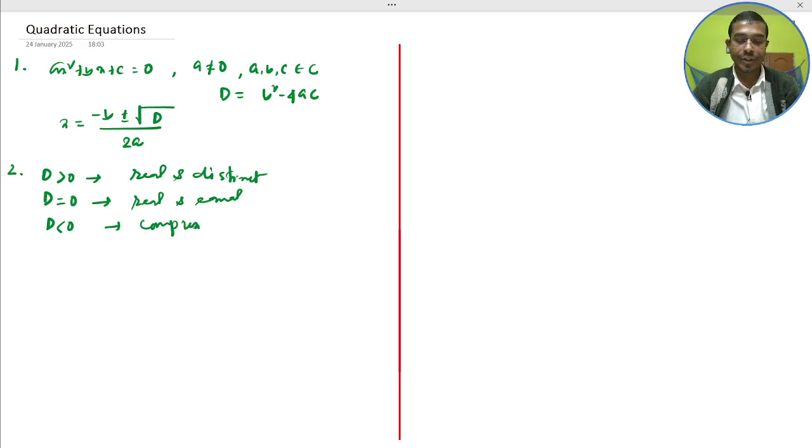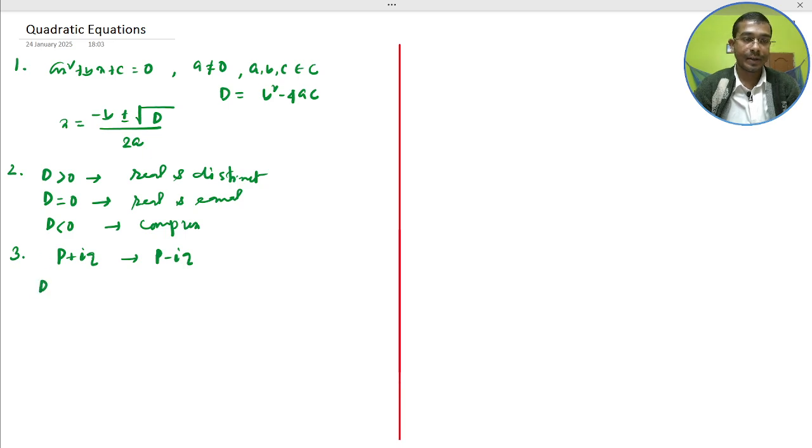So next one, if p plus iq, where i means the imaginary number, is a root, then p minus iq, the conjugate, is also a root. Rational roots if D is a perfect square.